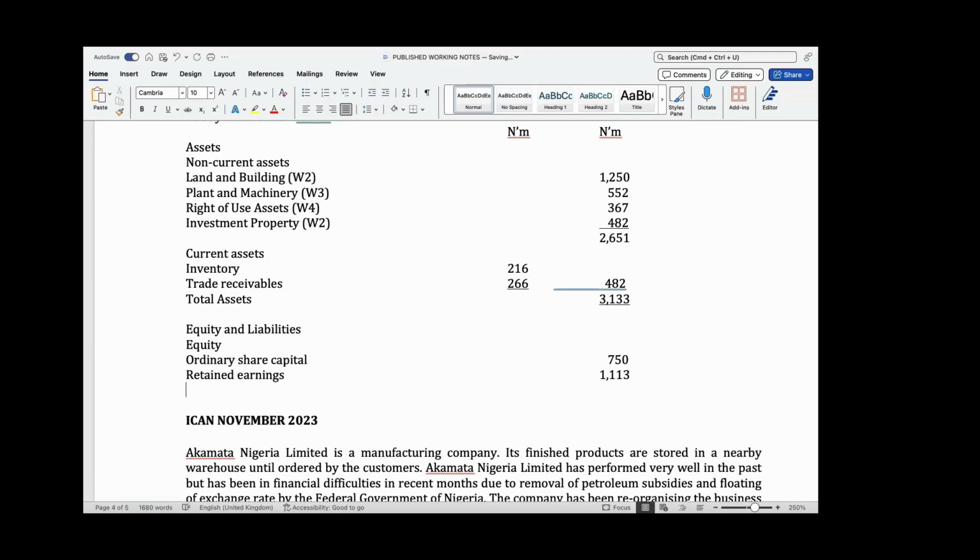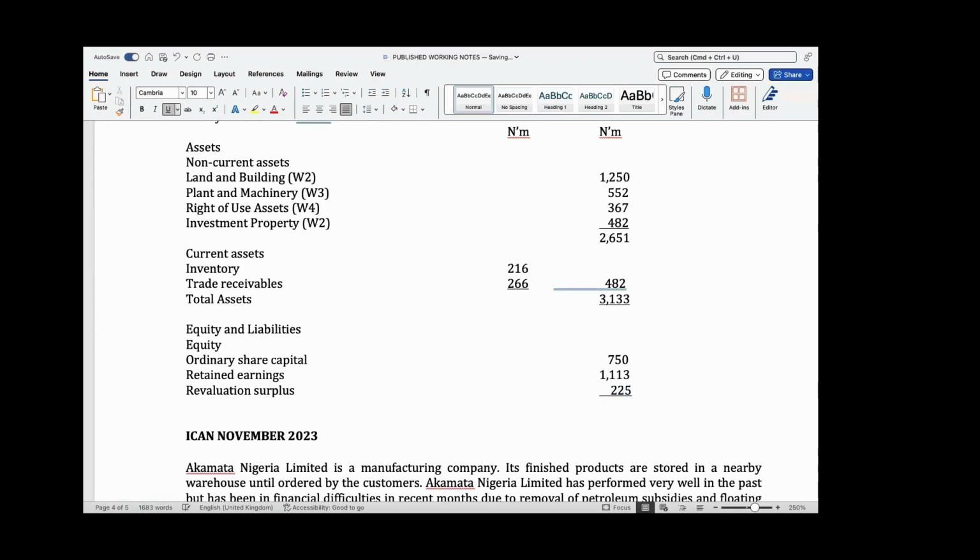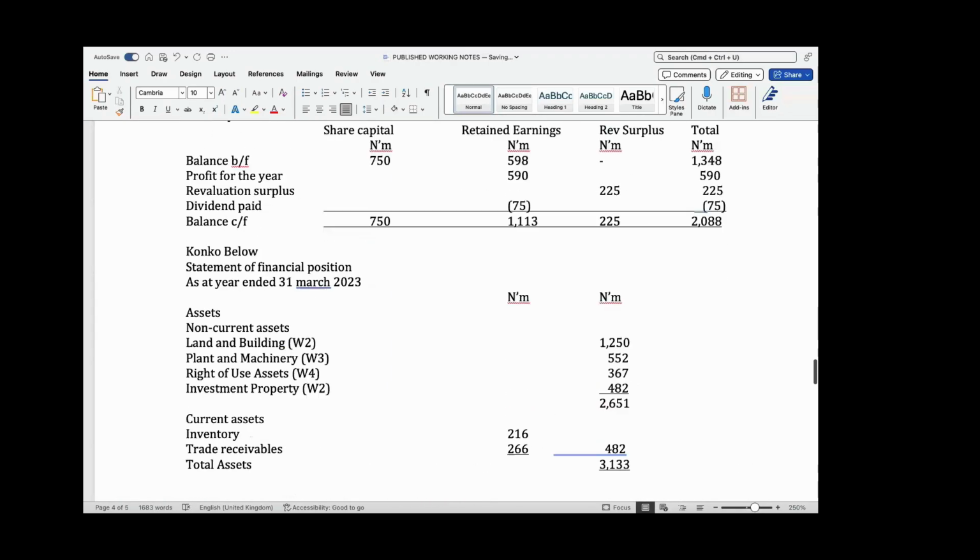I have my valuation surplus, which is 225. And I got the total as 2088.